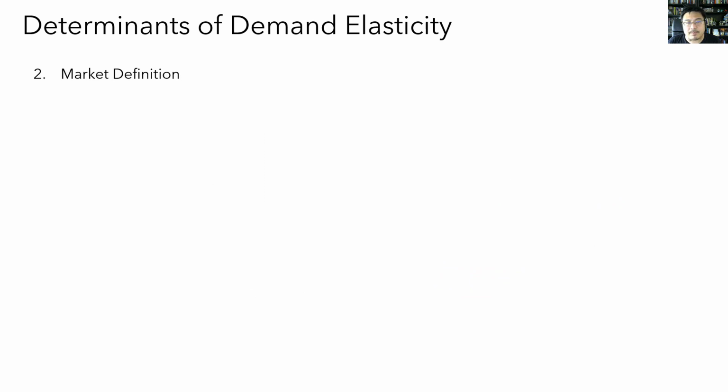Now, one thing to keep in mind is that the availability of close substitutes depends a lot on your definition of the market. When we talked about cornflakes, we said that cornflakes has very elastic demand because there are a lot of other breakfast cereals to choose from, and so consumers can easily switch when the price of cornflakes goes up. But then if we consider the market for breakfast cereals as a whole, we see that there aren't as many close substitutes, right?